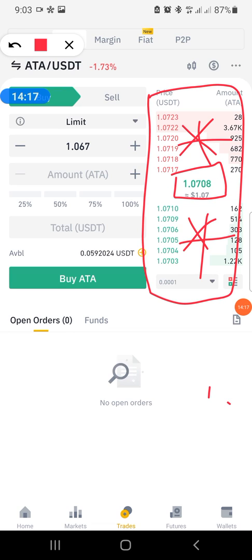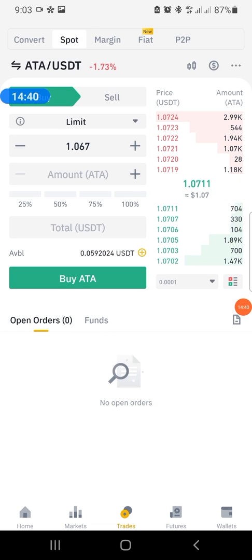So when you make an order that is lower than the current market price, it goes here and waits as a pending order until the price reaches it before your order will be triggered.